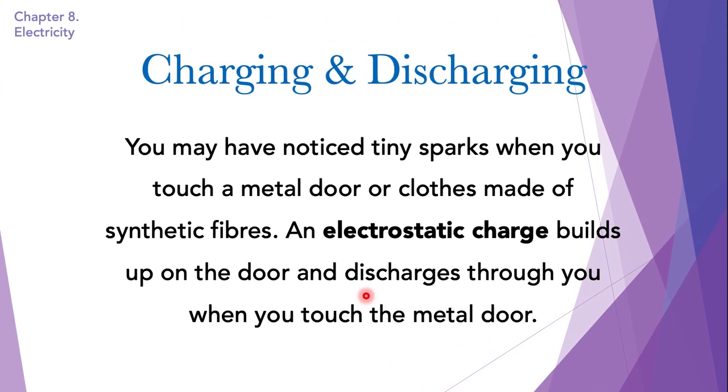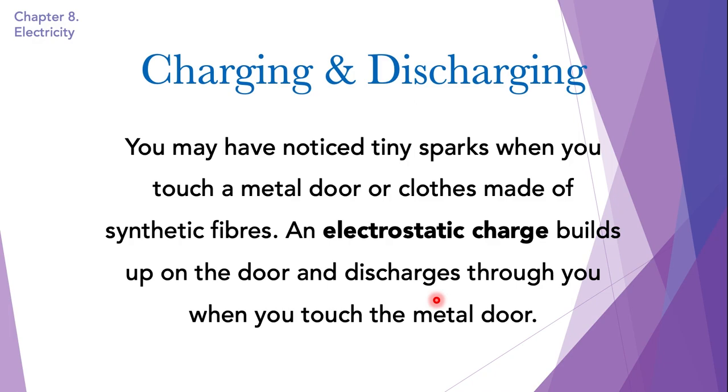For example, we notice tiny sparks when we touch a metal door or clothes made of synthetic fibers. So an electrostatic charge builds up on the door and discharges through you when you touch the metal door. So this is charging and discharging taking place when we experience static electricity.